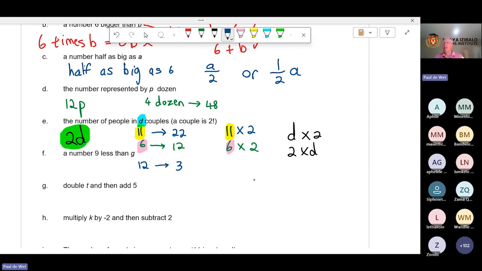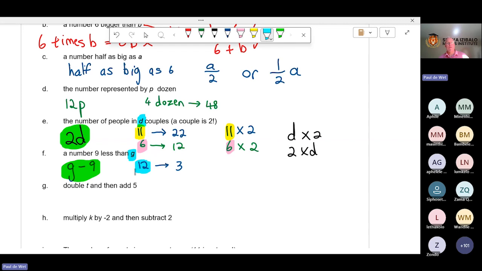The answer 9 less than G is not 9 minus G. The answer is G minus 9. Here's the answer. G minus 9. That's a bit confusing. I'm going to give you a little bit of time just to think about it. All right? Okay. Because what's confusing is because of the less than, we think, oh, we must subtract 9. Okay. This is G here, this blue thing, right?